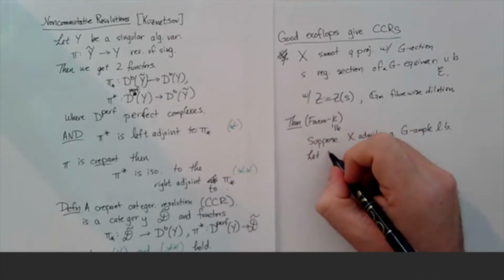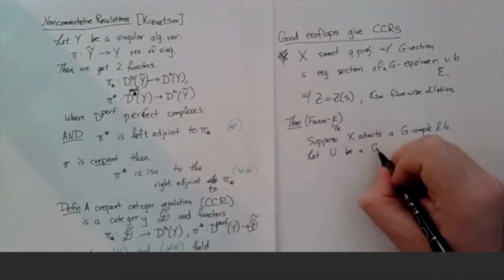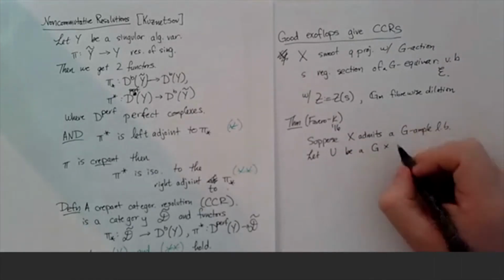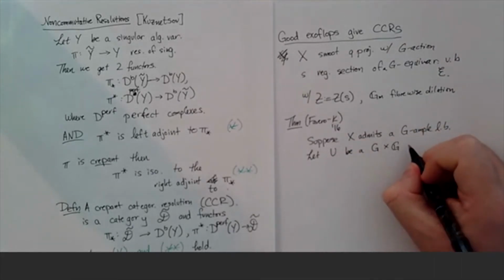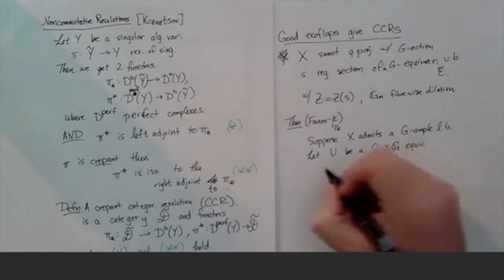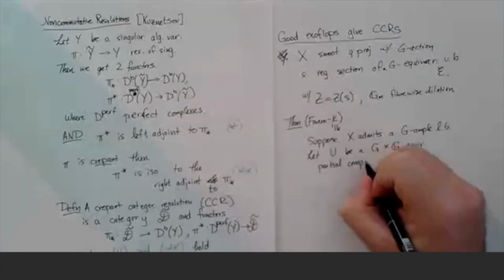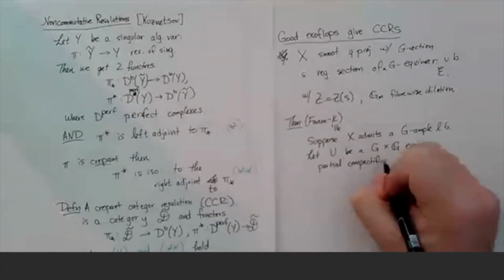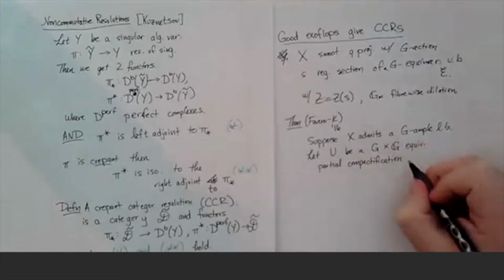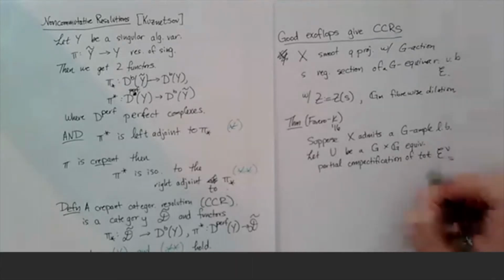Okay. That's just some technical thing, right? So let U be a G cross G_m equivariant partial compactification of the total space of the vector bundle.